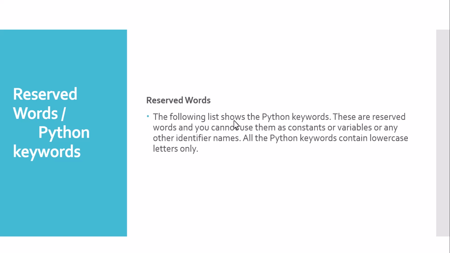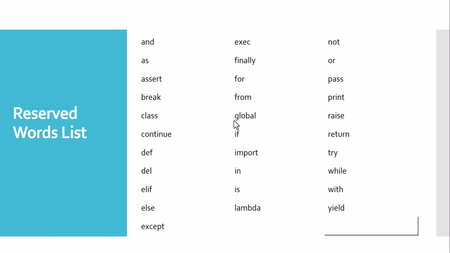All the Python keywords contain lowercase letters only. See here, all the reserved words are in lowercase. There is no capital letter; no reserved word starts with a capital letter, all start with a small letter, even in the middle there are no capital letters. So a reserved word is always in small letters, and we cannot use a reserved word as an identifier in Python. So we will see one or two examples.